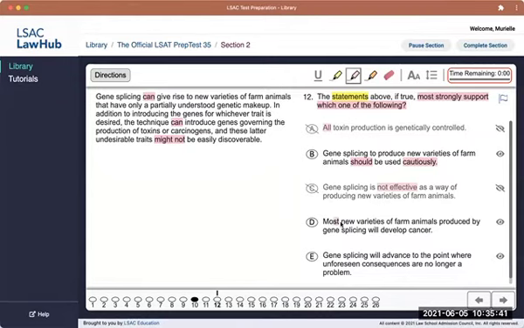D says most, which is problematic. I don't see anything here that talks about the usual results or the majority of the time. I see that it can introduce genes governing the production of carcinogens, like genes that govern the production of toxins or carcinogens. Does that mean it's going to develop cancer or create cancer?